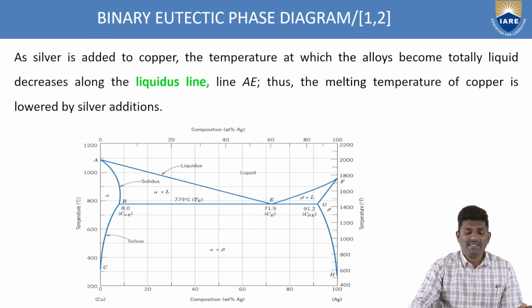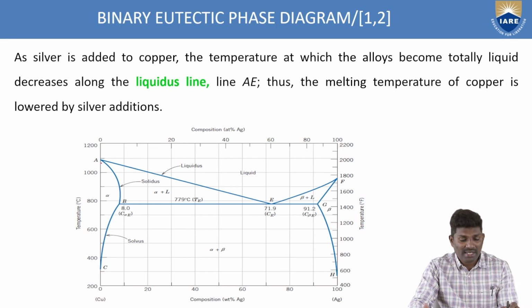Now, silver is added to copper, and the temperature at which the alloy becomes totally liquid decreases along the liquidus line AE. So where is the line AE? This is the line AE, you see.